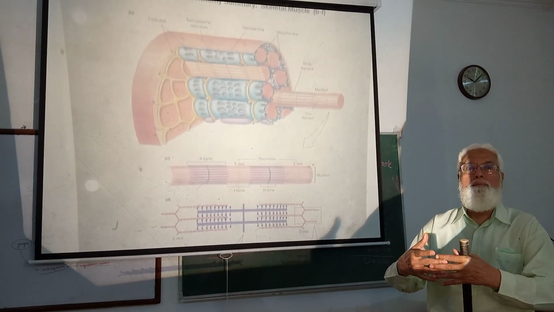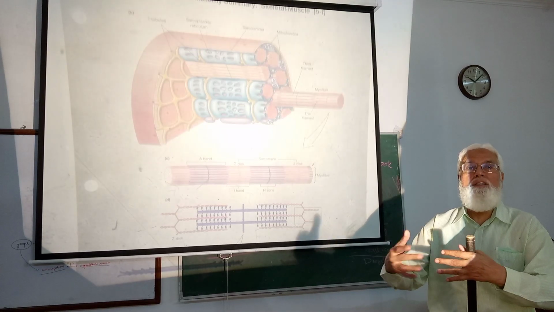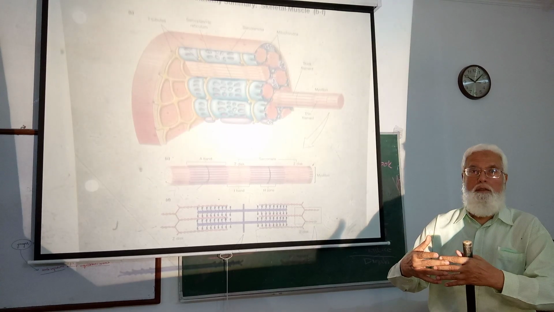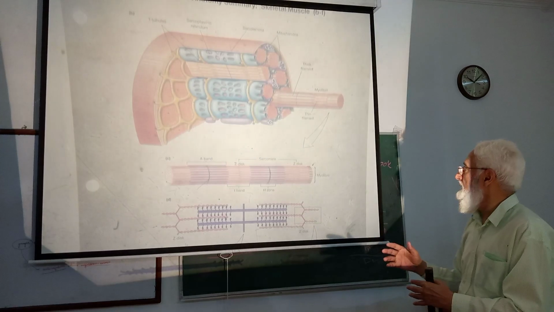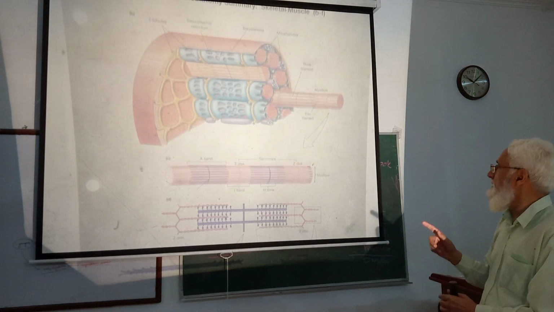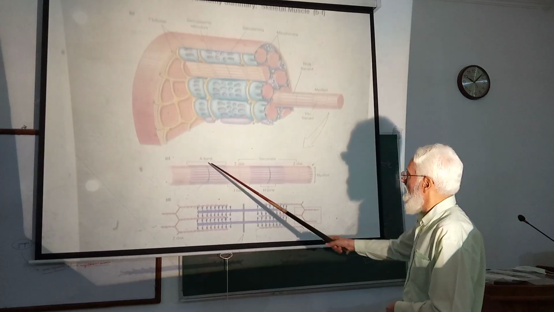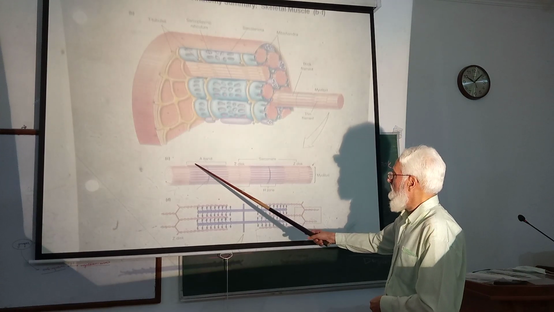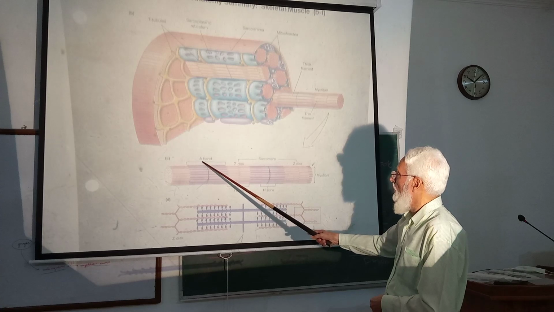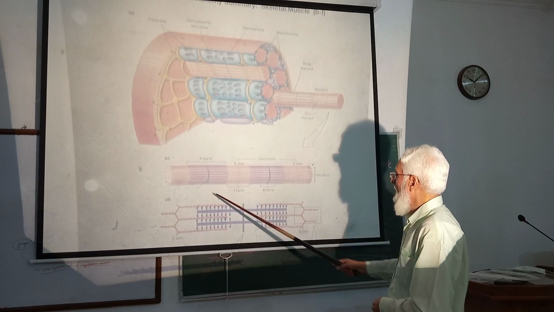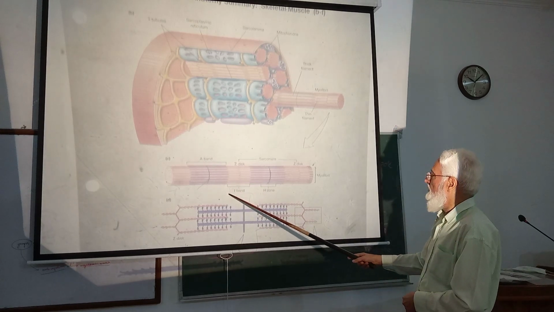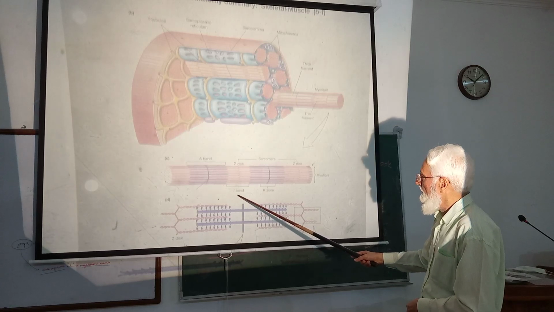You see, this is the dark band, also called A band, and this is the light band, also called I band.